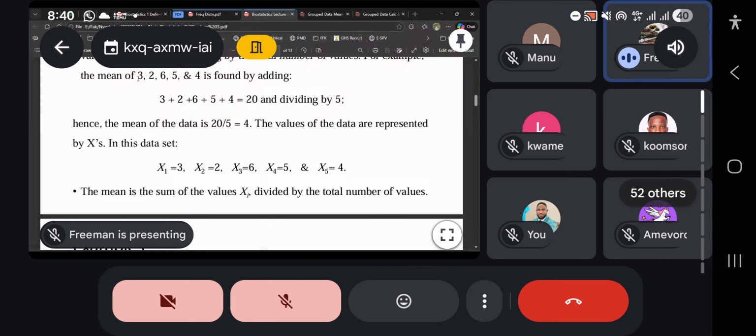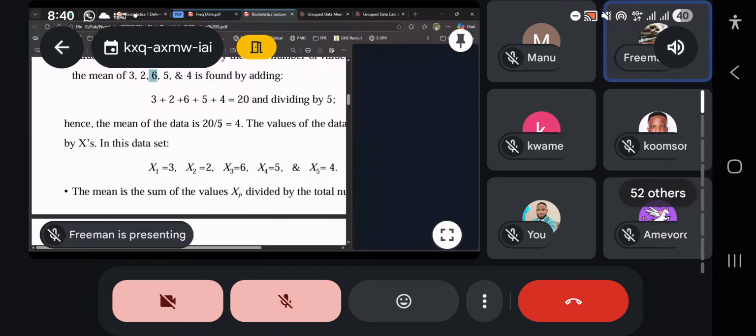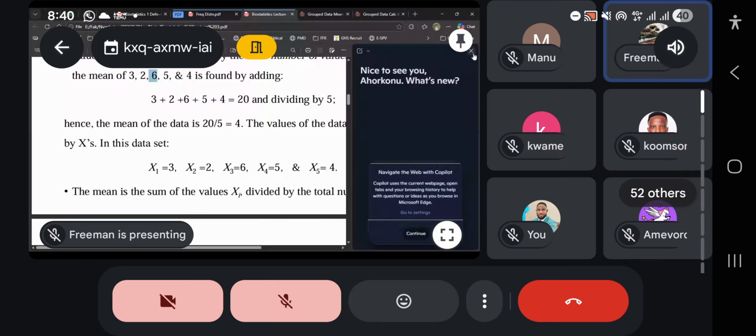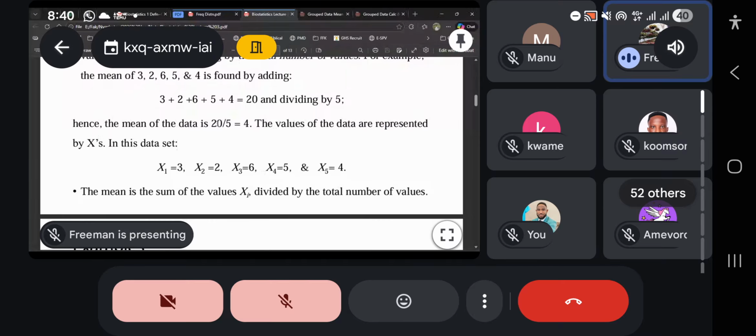If the variable is represented by x, x1, meaning the first number in the data, is 3, x2 is 2, x3 is 6, x4 is 5, and x5 is 4. It's just telling the position of the numbers. That's the meaning of what you have here.